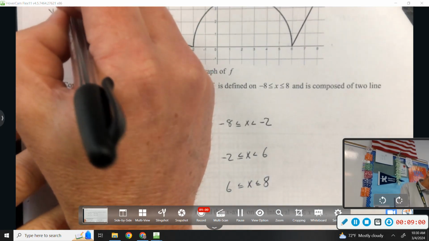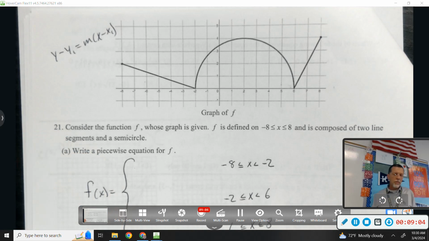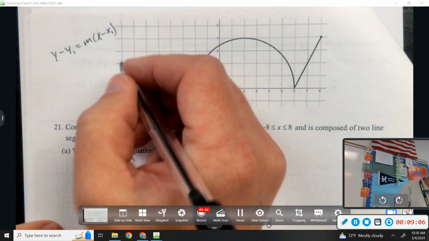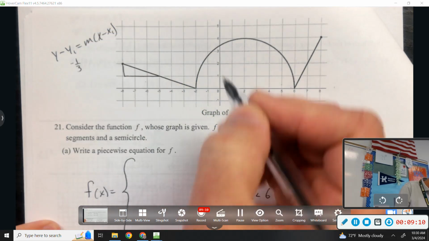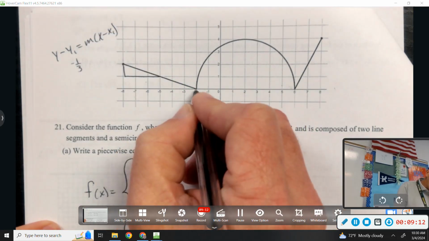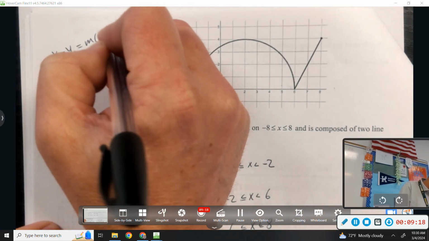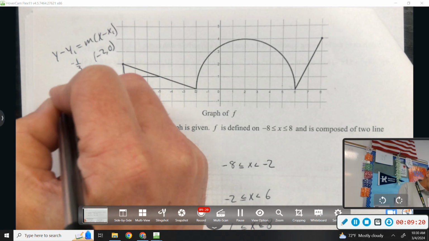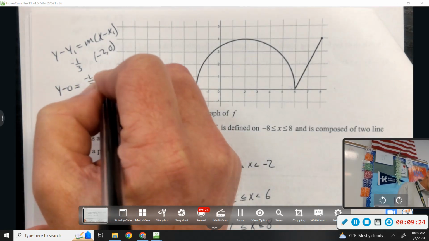Okay, y minus y1 equals m times x minus x1, point slope form. Slope is negative 1/3, and for the point, I would use the one on the x-axis just because it makes life easier. Negative 2, 0. So y minus 0 equals negative 1/3 times x plus 2.